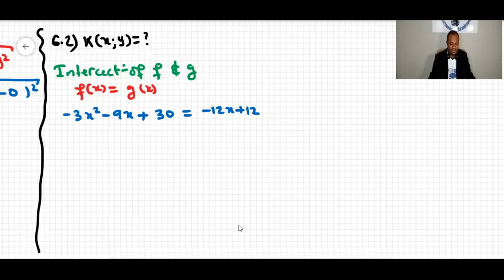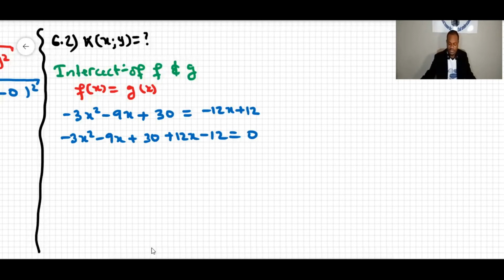Let's just do it this way. Most people do that. Negative 3x squared minus 9x plus 30. I move the right hand side to the left, so that will become positive 12x and negative 12 equal to 0. So we can combine like terms.